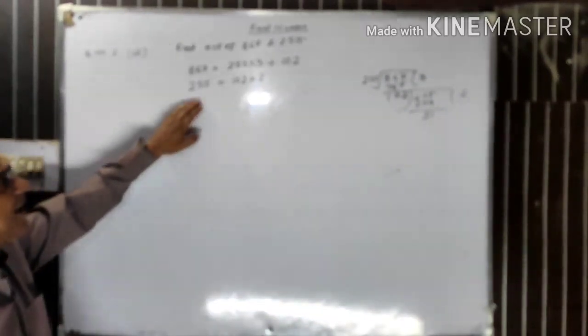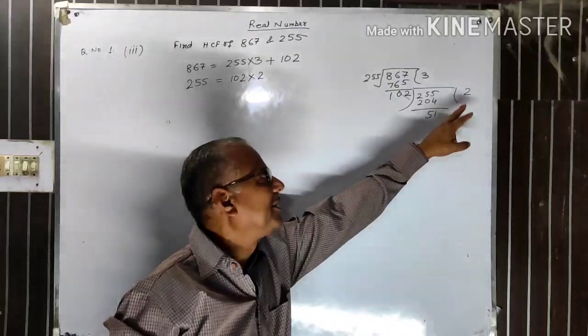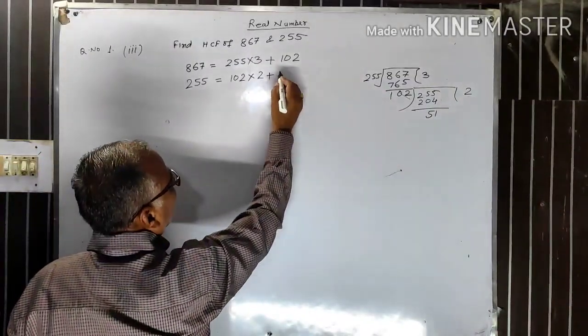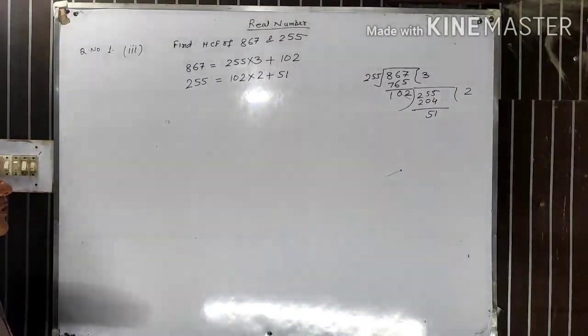So 255 can be written as 102 multiplied by the quotient 2 plus remainder 51.